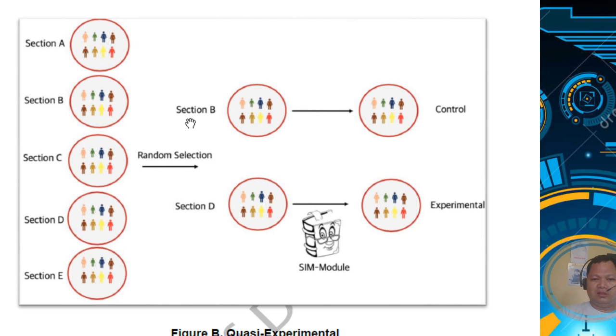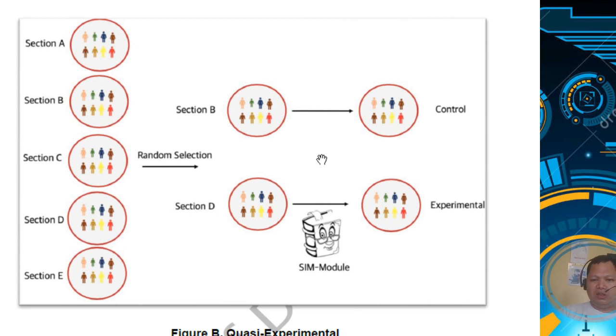We select as in the process of true experimental. So random selection of participants, sample section B and section D. Then you observe in this part that we have no random assignment of the treatment. That is the difference between true experimental and quasi-experimental.